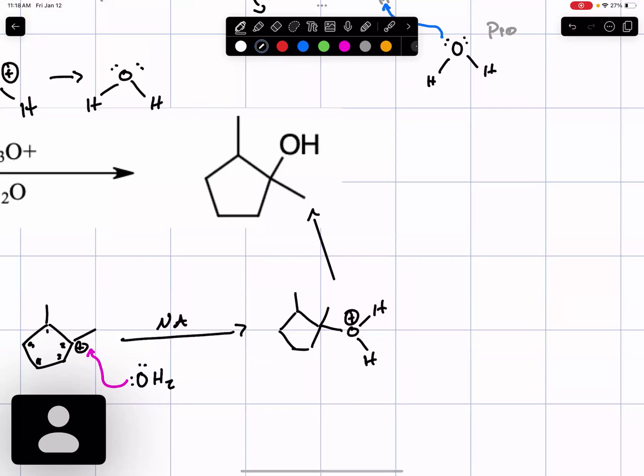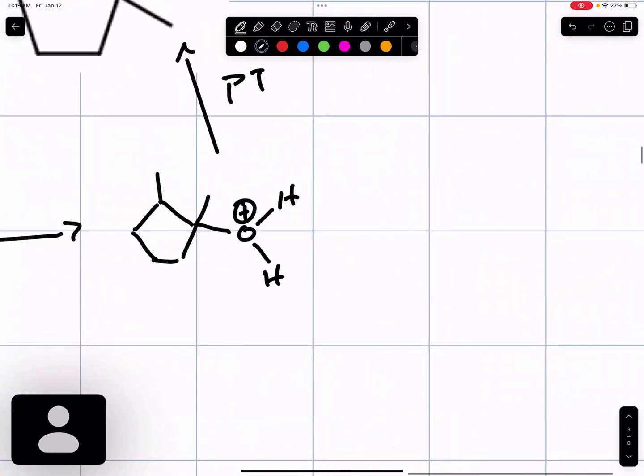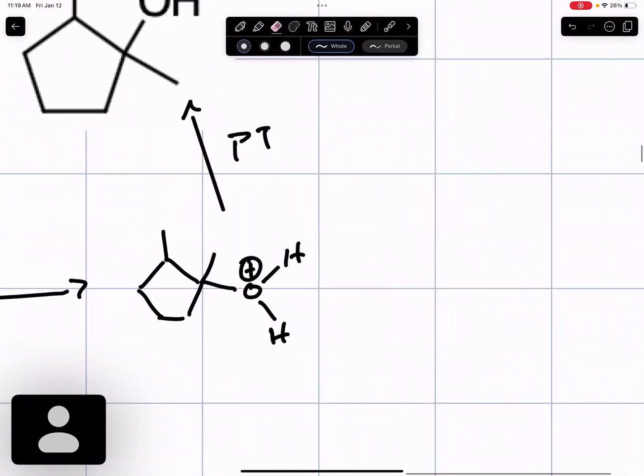Proton transfer to water. Another water, because again, we keep remaking this hydronium. Right? So we just pick up another water molecule. Let's do it on top. Pick up another water molecule. Let me draw it like this. Boom, boom.